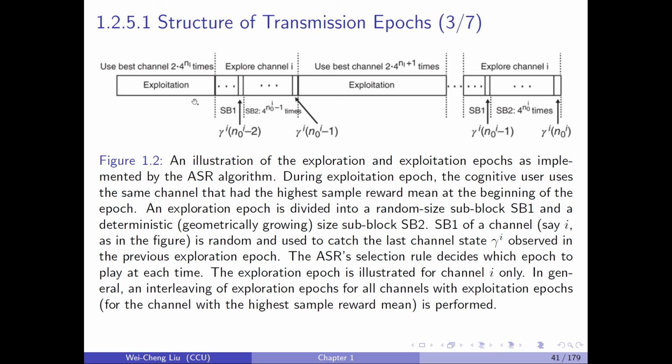Here it is 2 times 4 to the power of N_i, where we do not subtract 1, and you can see that here is plus 1 and here is not plus 1. So the former exploitation has 2 times 4 to the power of N_i minus 1.